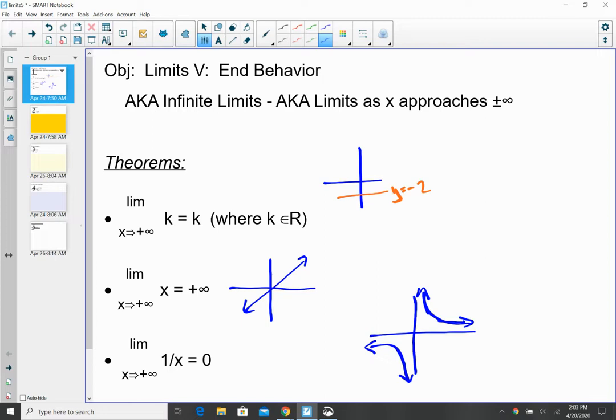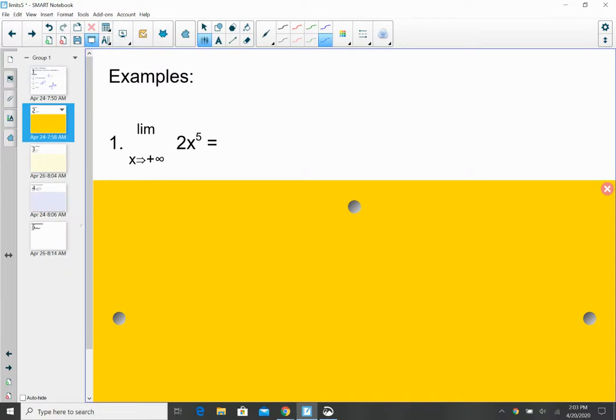All right. Now, these ground rules we're going to use to be able to evaluate some things like this. Now, it would not be nice for me to say, just plug in the infinity. You can't just say, that's going to be 2 times positive infinity to the 5th power, because how do you evaluate that? It's just big. You can think of it like a concept, though.